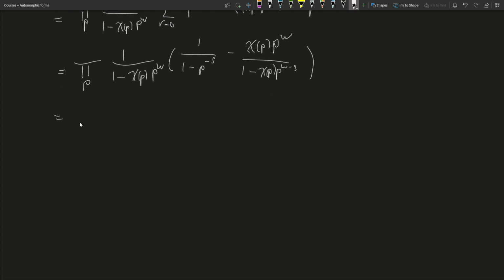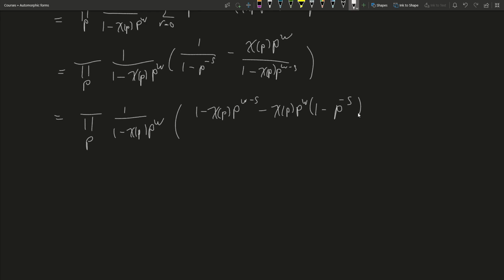Now if we take the difference of these two things, just cross multiplying, we get the same thing in front, 1 minus chi p to the w, and then here we're going to have a 1 minus chi p to the w minus s, and then here we'll have a minus chi p to the w times 1 minus p to the minus s, and the common denominator is just the product of these two things, 1 minus p to the minus s times 1 minus chi p to the w minus s.